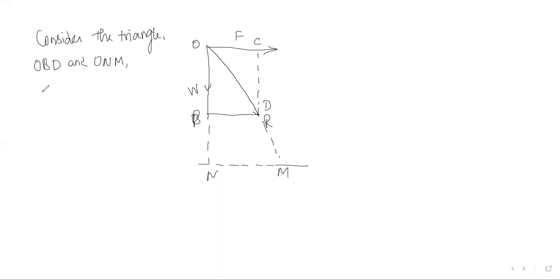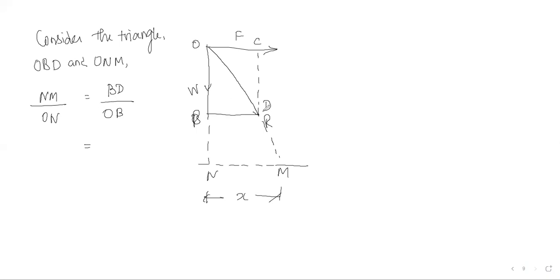NM corresponds to BD, and the height ON corresponds to OB. We already know that BD is equal to our horizontal force, and this distance NM we are going to call X.